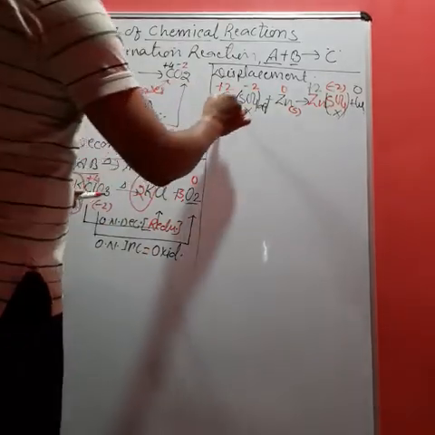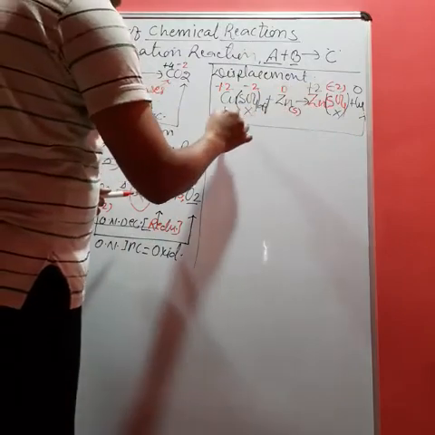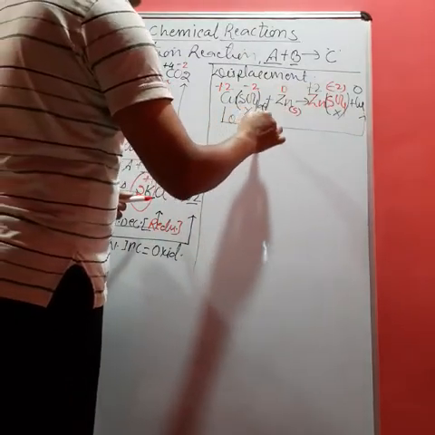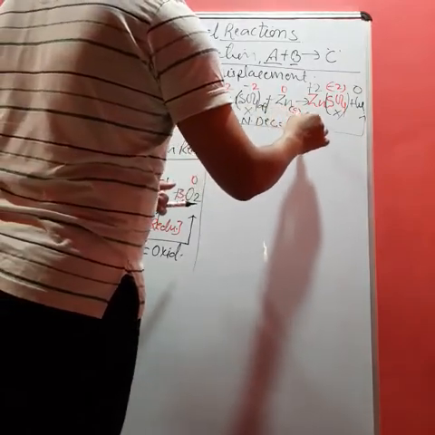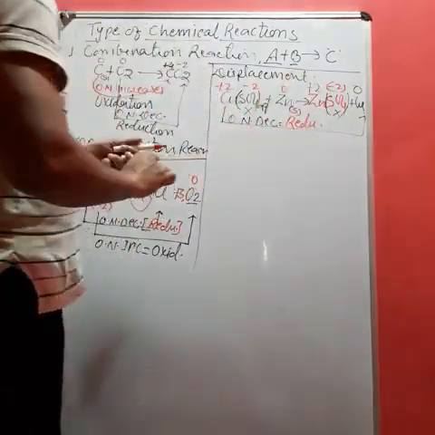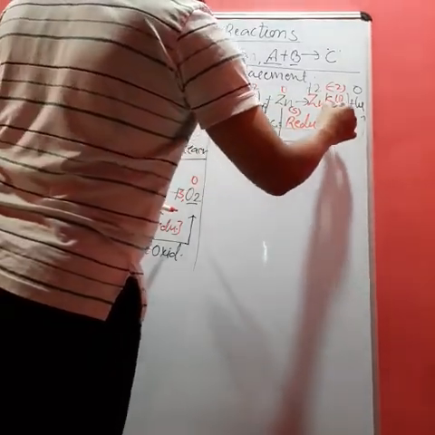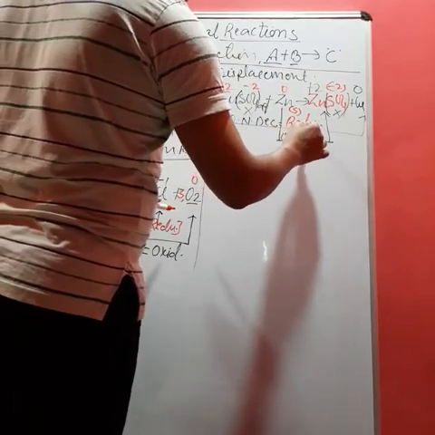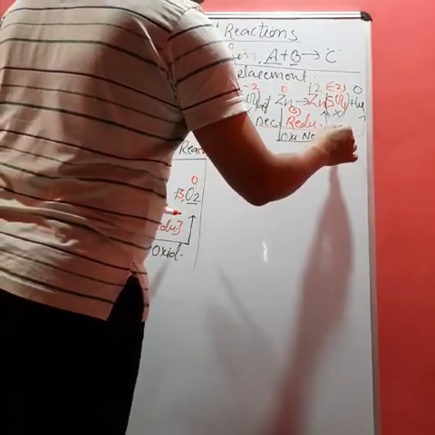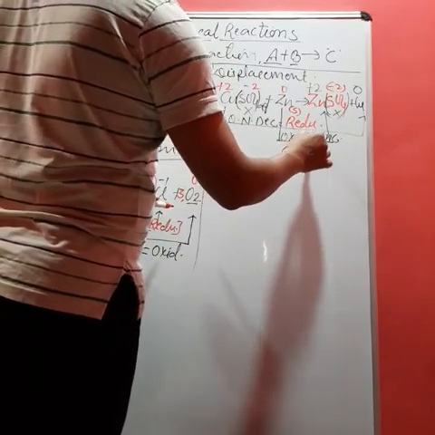But we will consider the copper, which is getting converted from +2 to 0, meaning the oxidation number decreases. A decrease in oxidation number is known as reduction. And what about zinc? The zinc oxidation state is changing from 0 to +2, meaning the oxidation number increases. An increase in oxidation number is known as oxidation.